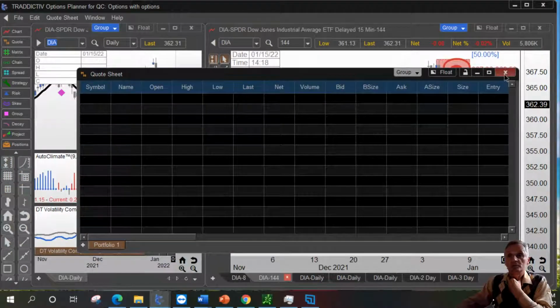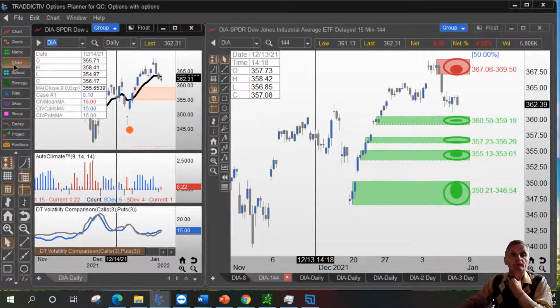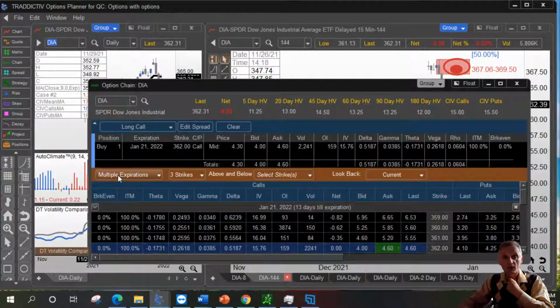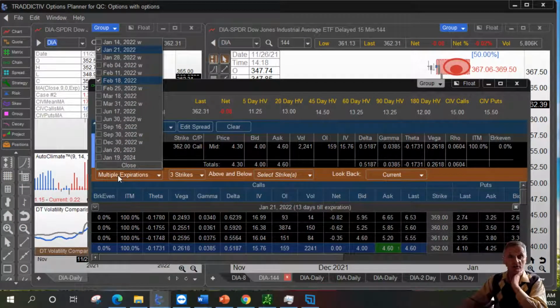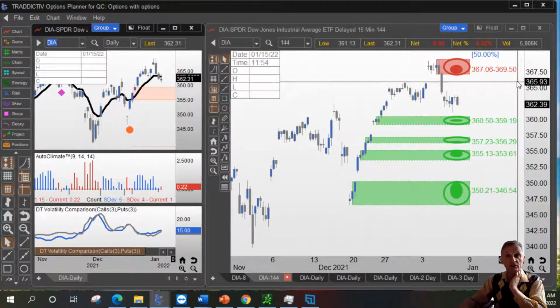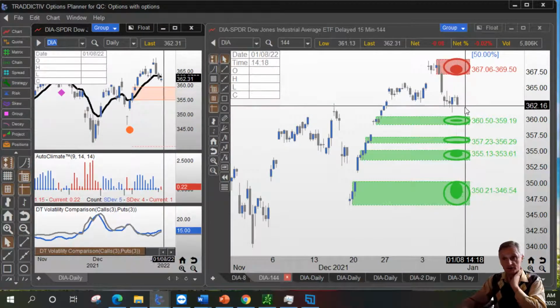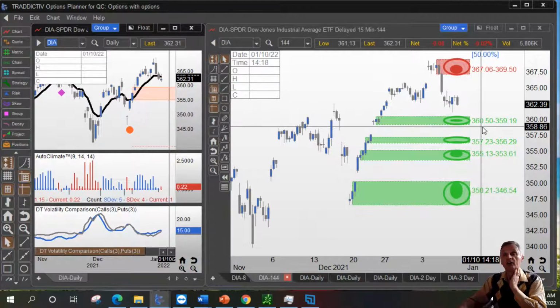So the option chain that I'm going to bring here is going to give me an example of the options. But options that I really want to look at are the ones that are listed here. But before that, I want to have a very, very clear goal. Where do I want price action to go? I want price action to go to these green UFOs.